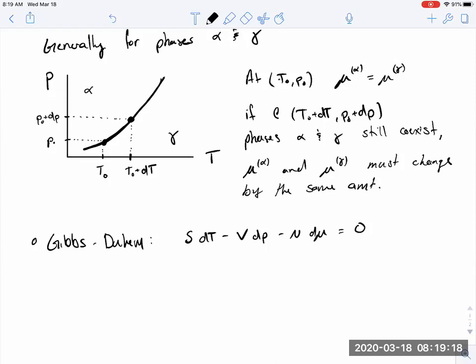If I rearrange this equation and divide by N, I could solve for the chemical potential by bringing it over to the right. That will leave me with the entropy divided by N, times changes in temperature, minus the volume divided by N, times changes in pressure.